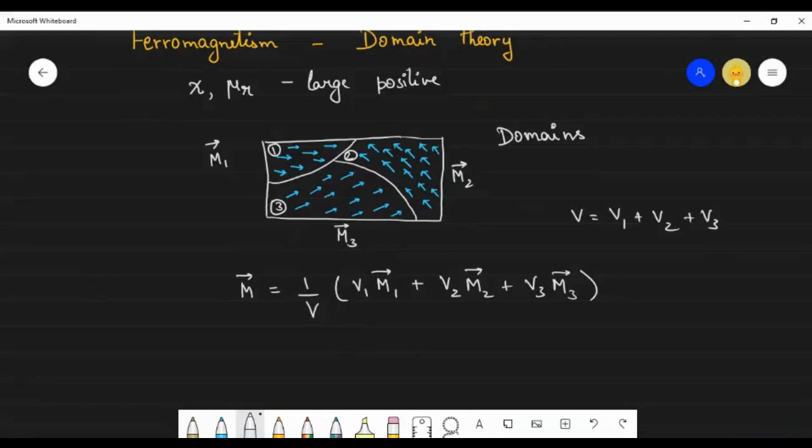This ensures the stability of the ferromagnetic material. That is, when H is 0, M, the net magnetization, is also 0.